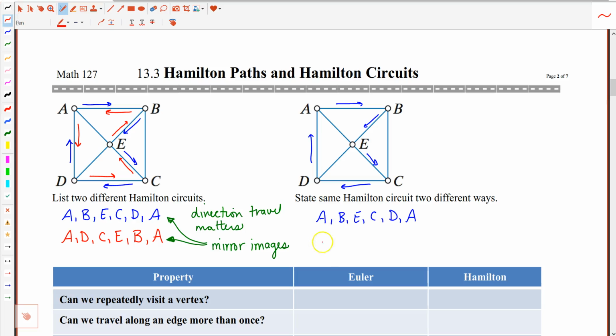How about this? E to C, C to D, D to A to B, and then back to E.